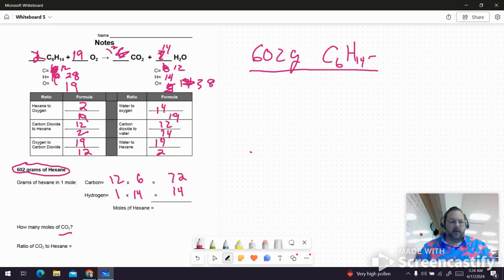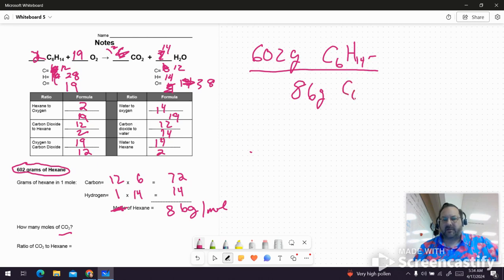So this should not give me moles here. Sorry, that's 1 mole of hexane. So 72 plus 14 is going to be 86 grams per mole. So 1 mole is 86 grams. The way I figure this out is I go up here and divide 602 by 86 grams of C6H14.